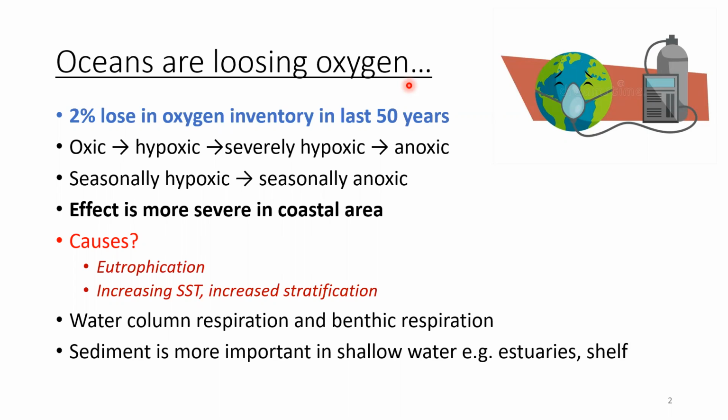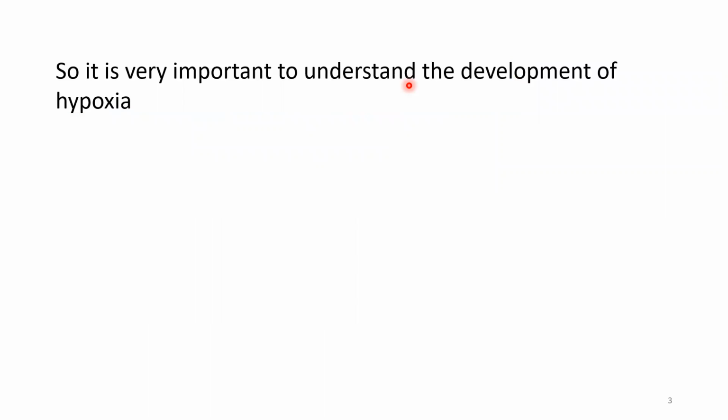The oxygen consumption happens in the water column and in the sediment. The sediment is more important in shallow water regions such as estuaries and shelf, compared to the open ocean where the water depth is much deeper. So it's very important to understand the development of hypoxia.